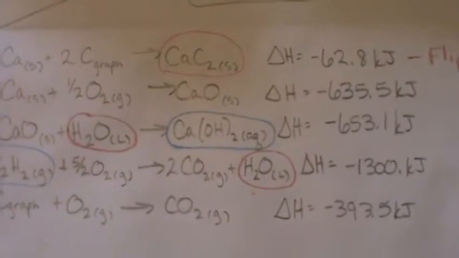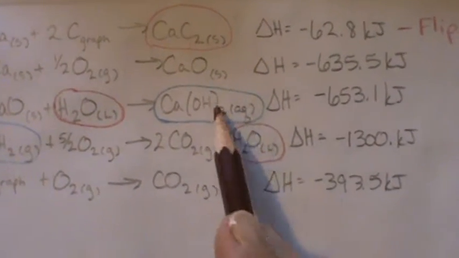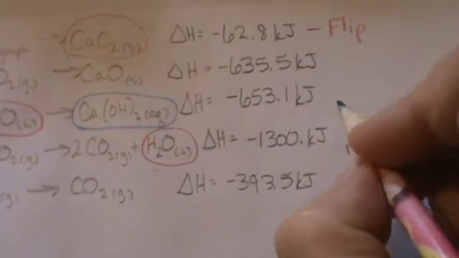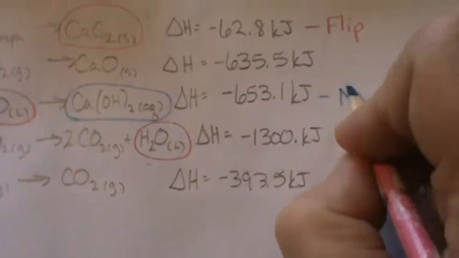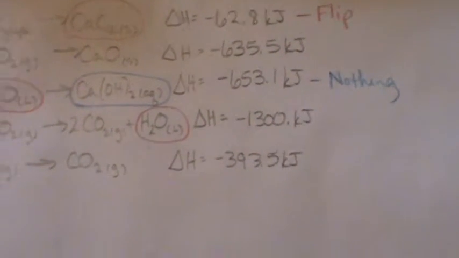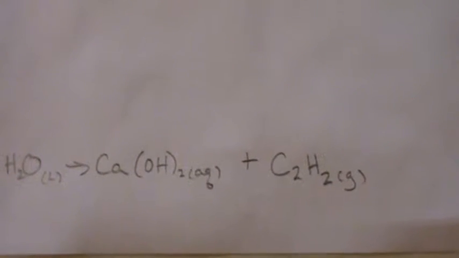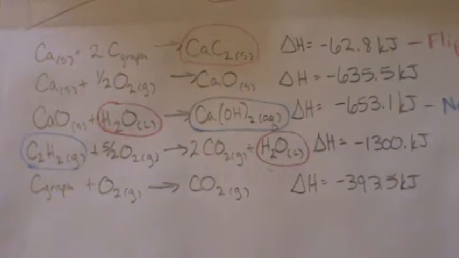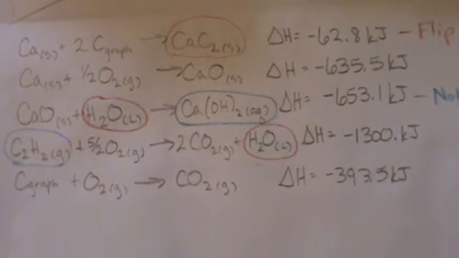All right, then I need 1 mole of calcium hydroxide in my products, and I have that there. See that 1 mole? That means that I'm probably going to do nothing to this equation. And then last but not least, I have C2H2 as a gas down here, and I need 1 mole of that in my products, and here I have it in my reactants.